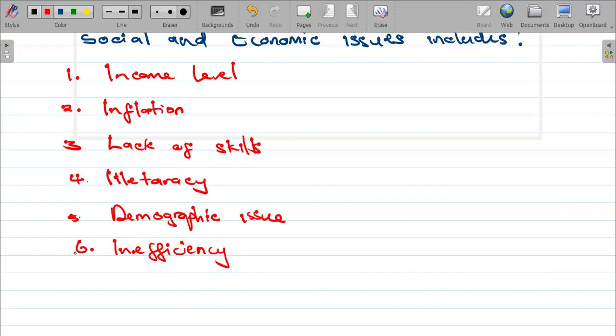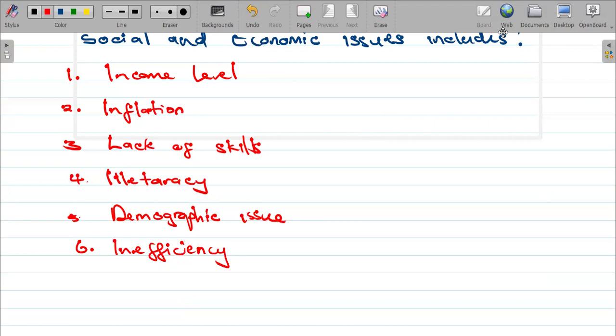So I'm going to discuss the impact of these social and economic issues that might affect the business operations, decision making and sustainability. So let's discuss the income level.